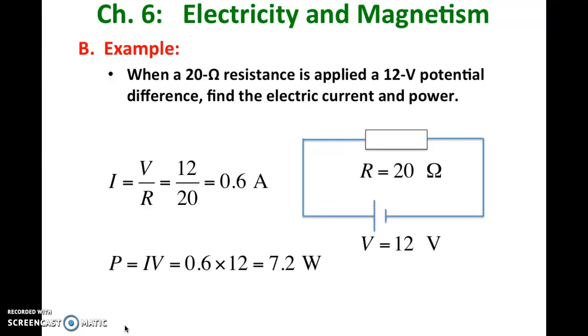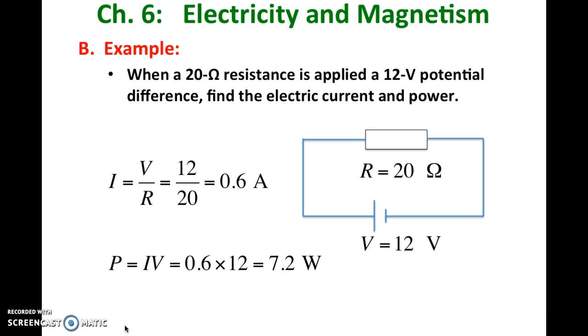For example, find the electric current and power when a 20 ohm resistance is applied with a 12 volt potential difference. From Ohm's law, we have the current I equal to voltage over resistance R. Substituting 12 volts into the voltage V and 20 ohms into the resistance R, we have the electric current equal to 12 divided by 20 equal to 0.6 ampere.